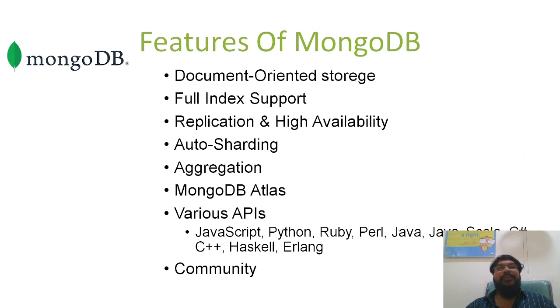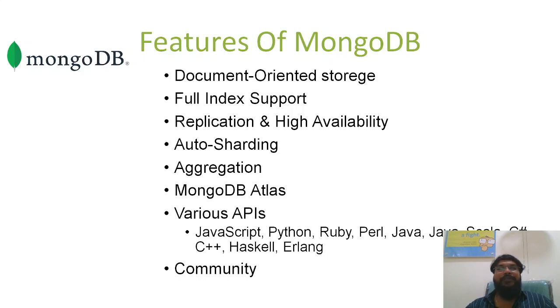If you look at the features of MongoDB, you can say that it is a document oriented storage, and it has full index support, that is, you can make a note of where your data actually is. It has replication, that is, the data will be stored in different locations, and also it has high availability, that is the BASE properties which it follows.